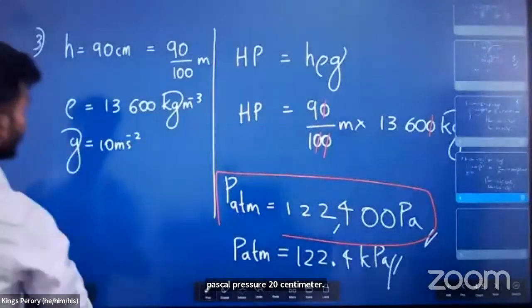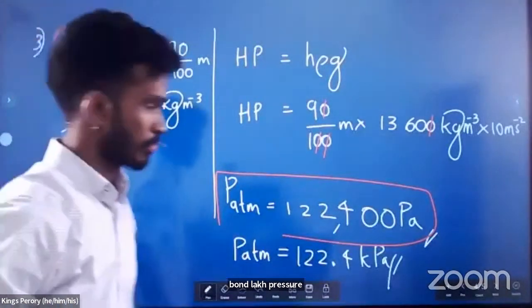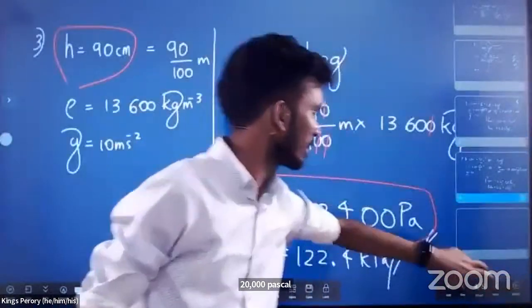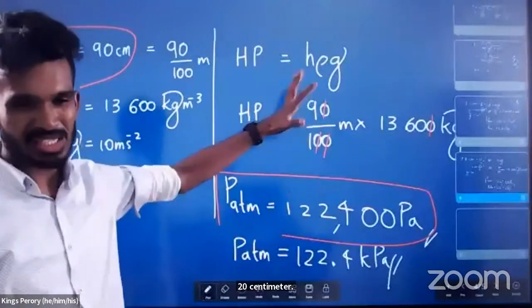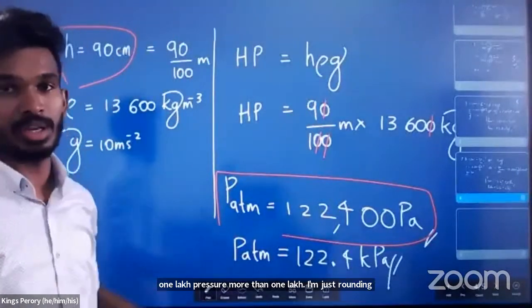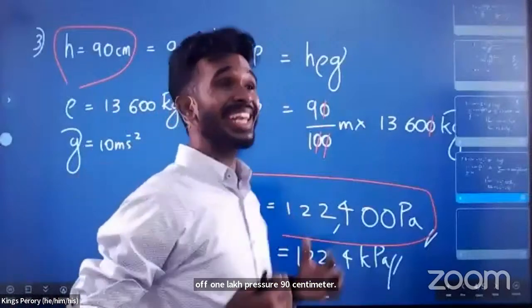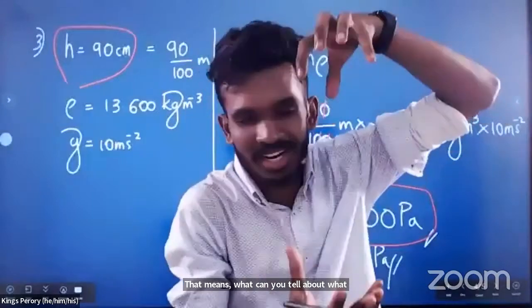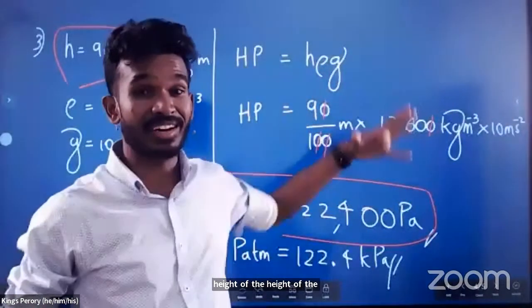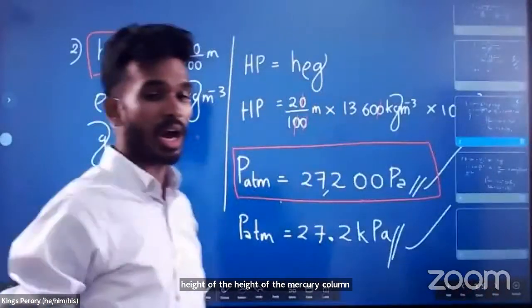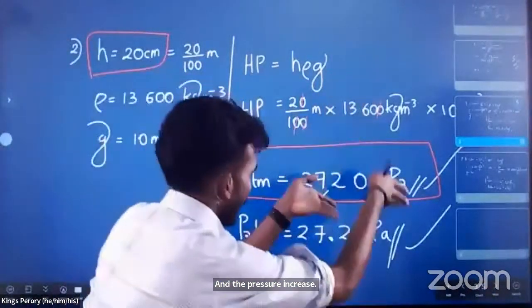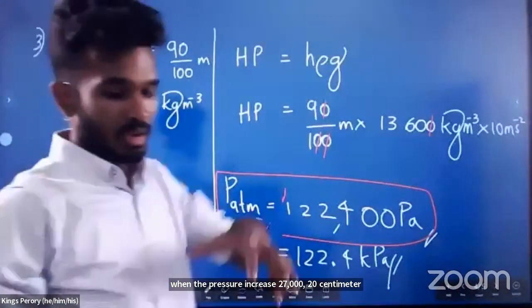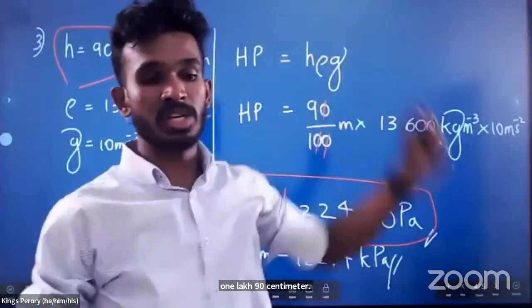More than 1 lakh pressure, I'm just rounding off, height is 90 centimeter. That means, what can you tell about the height of the mercury column when the pressure increases? 27,000, 20 centimeter; 1 lakh, 90 centimeter.